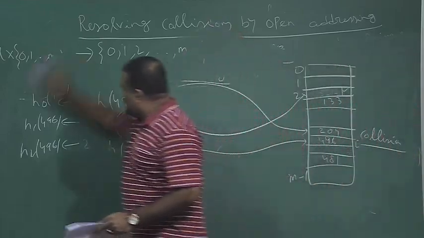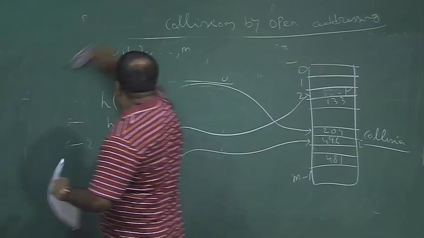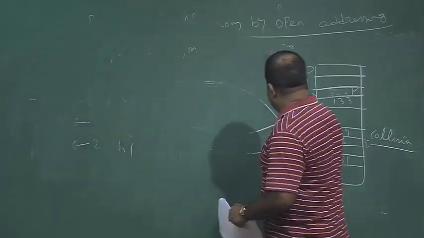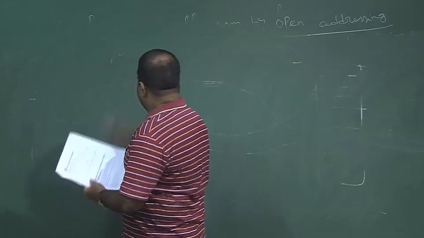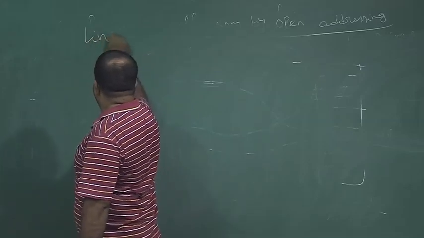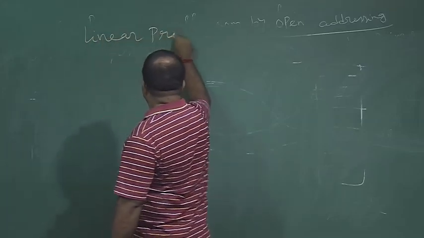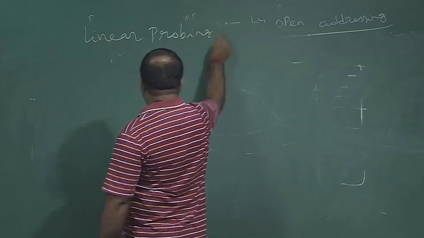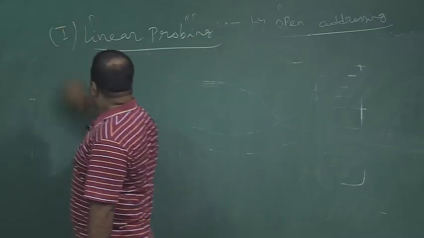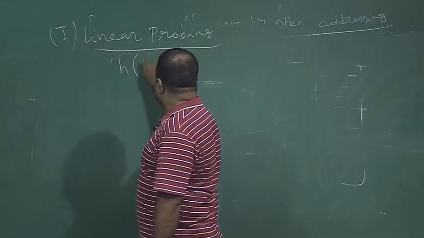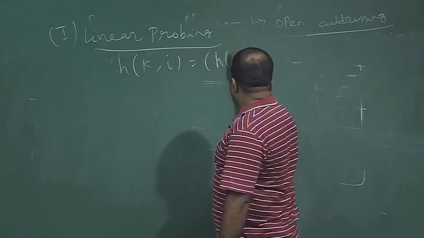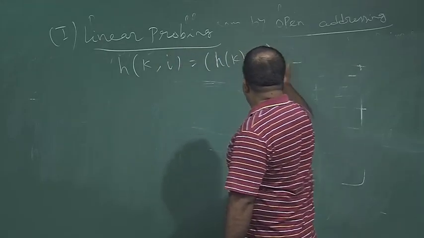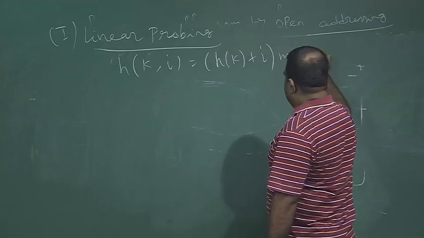Okay, so now we will take some examples of probing. The first one is linear probing. In linear probing, we compute h of k plus i mod m.